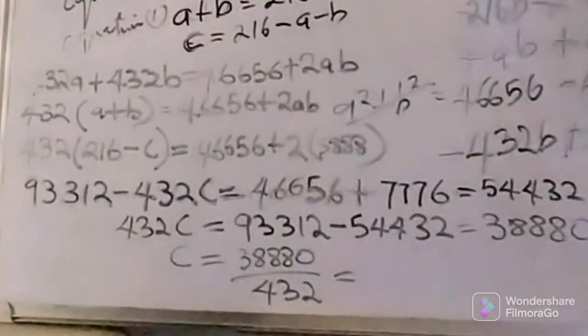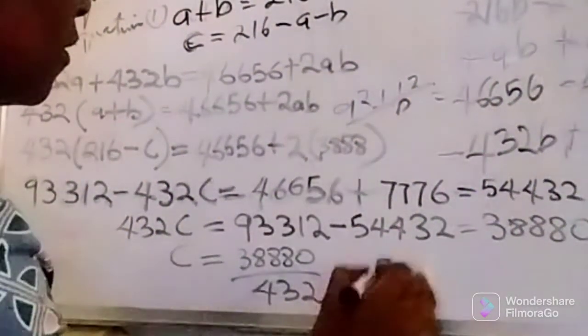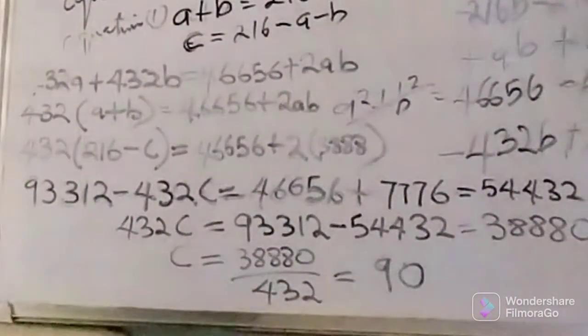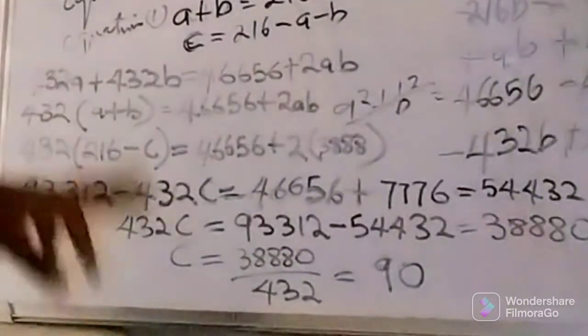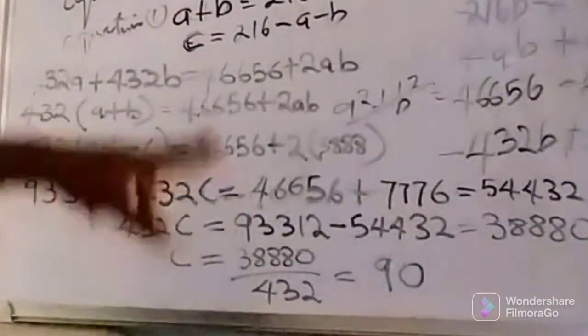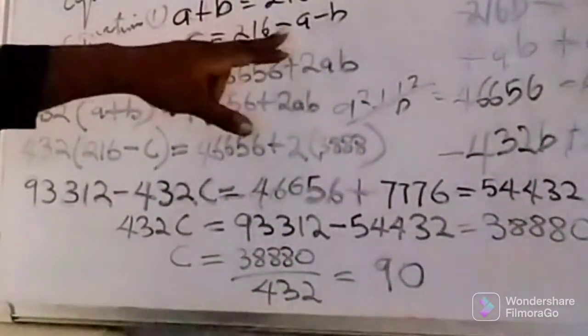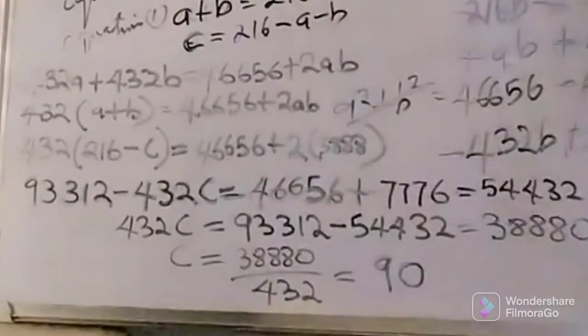Beautiful. The answer is beautiful. The answer is 90. C is 90. So now that we have the value of C, we can easily substitute it here and use it to find our values for A and B.